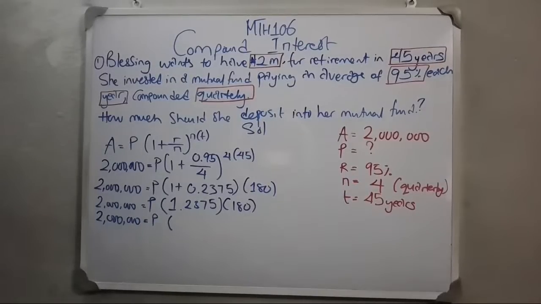Just a moment. Yeah, 2 million, 4, 45, 0.95 divided by 4. Multiply by 180.